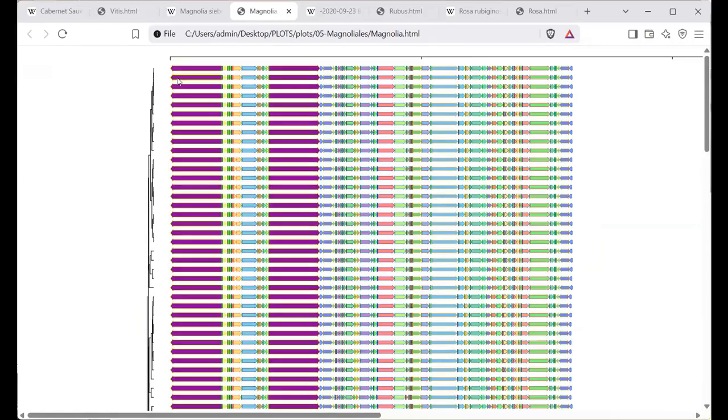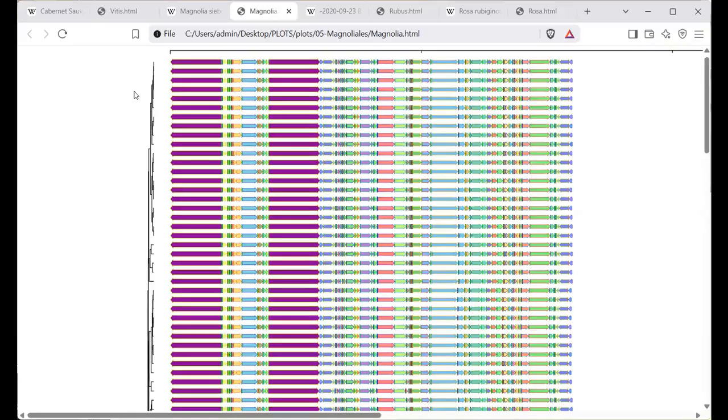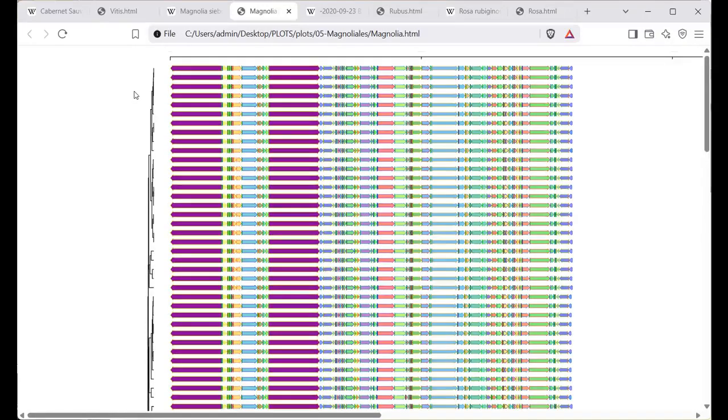Now, one thing I should mention is that when I run PGR-TK on the original sequences that I download from NCBI, they don't align so nicely because each sequence starts from a different position of the circle that the plastid is. So what I've done is I ran PGR-TK to find these conserved places, and then I rotate the sequences so that they all start from the same PGR-TK block.